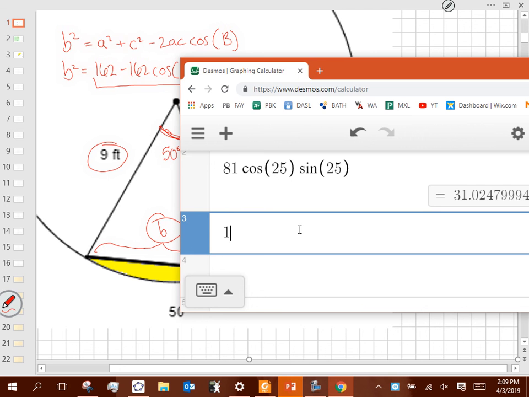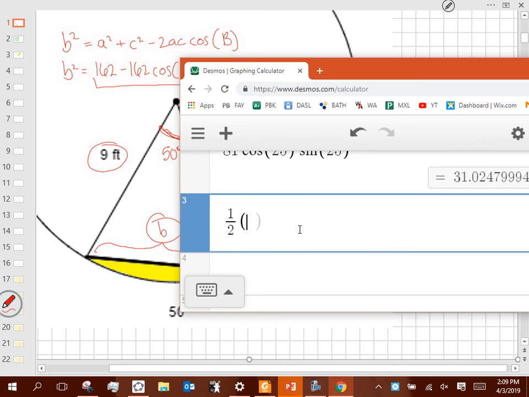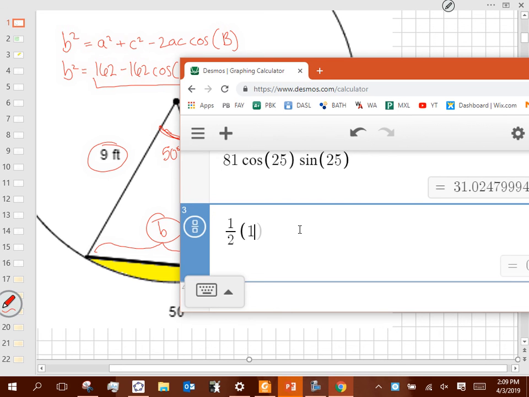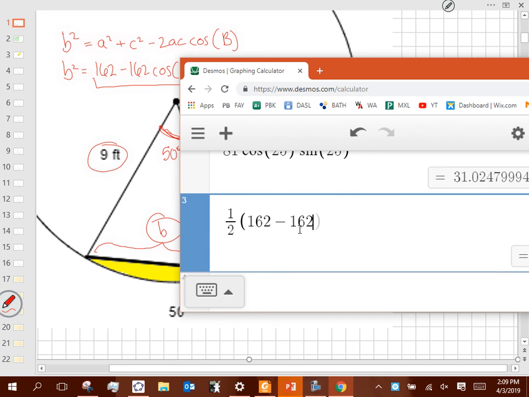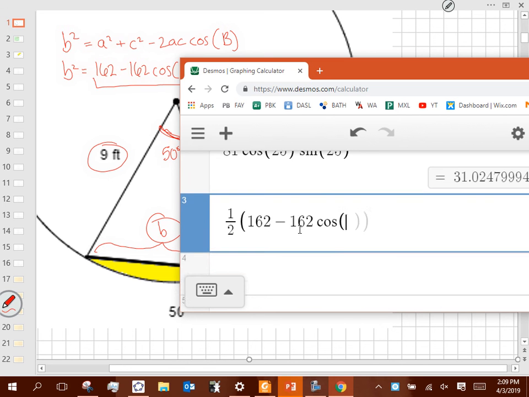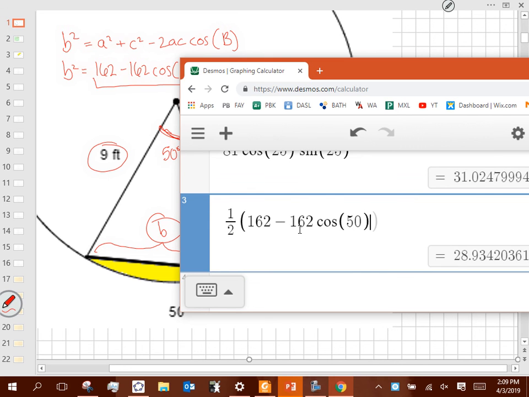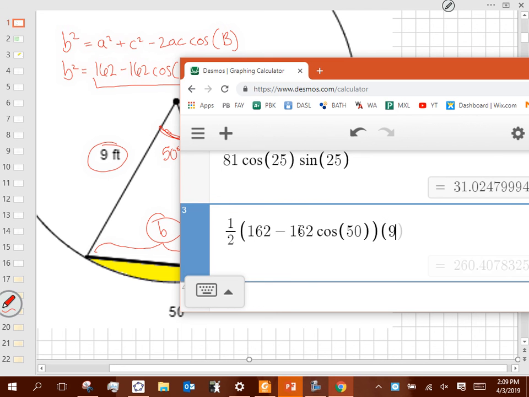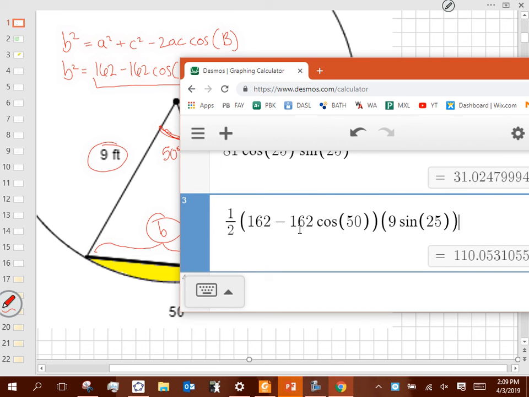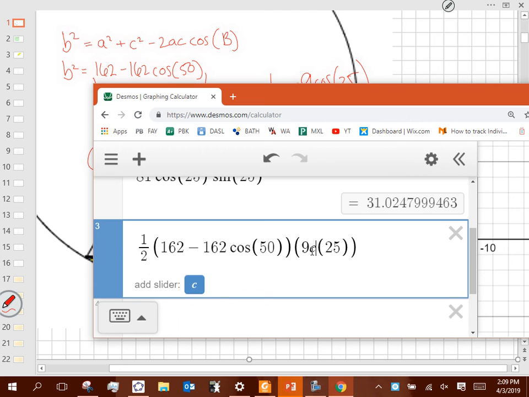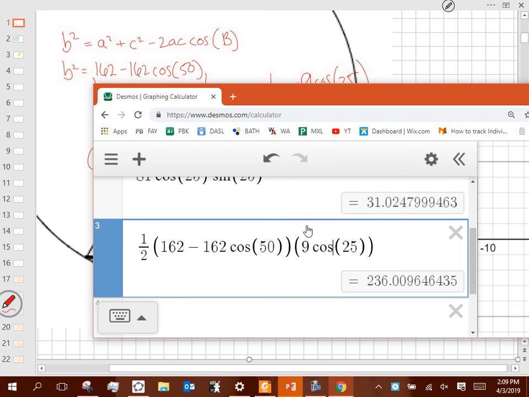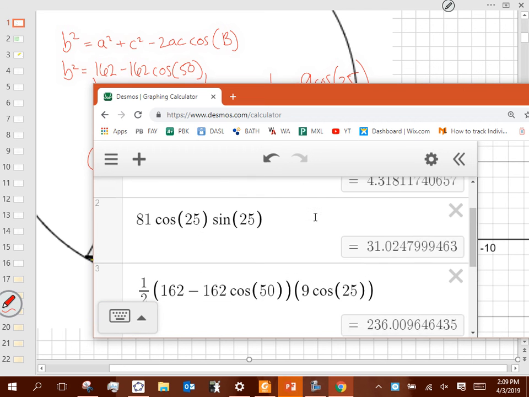We go 1/2 base. We just said the base now was 162 minus 162 cosine of 50. And then the height was 9 sine of 25, or not sine, it's cosine 25, sorry. Cosine 25.